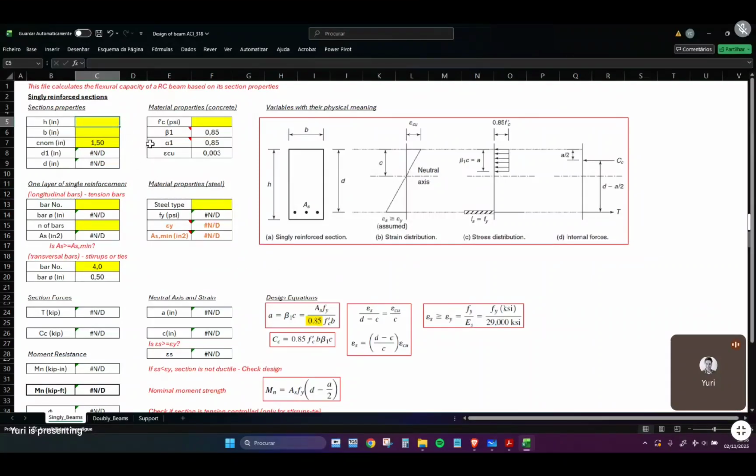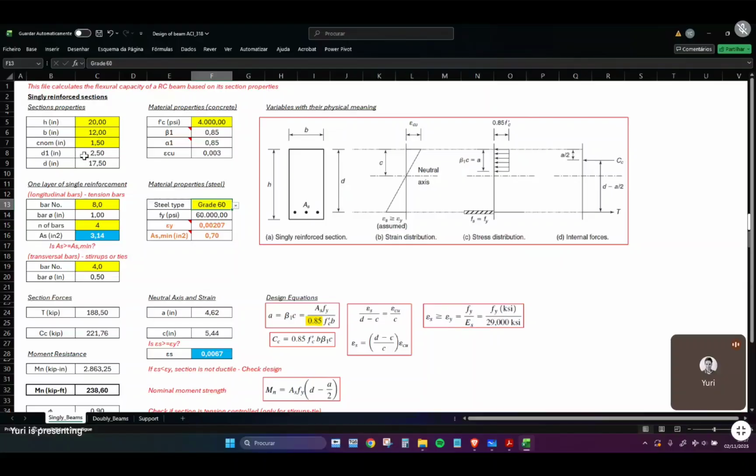As you remember, this section is 20 inches by 12. I'm just going to put here the reinforcement, which is number of bars 8, and we have 4 bars. The concrete is 4000 PSI, and the steel is a 60 KSI grade steel.